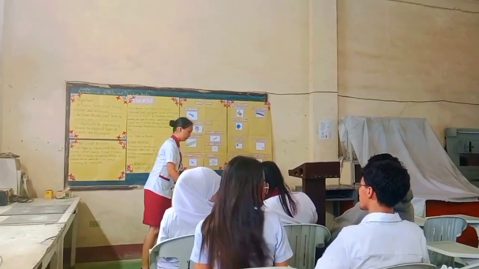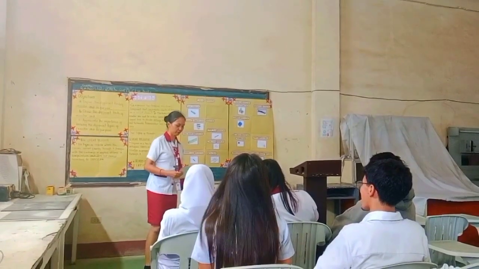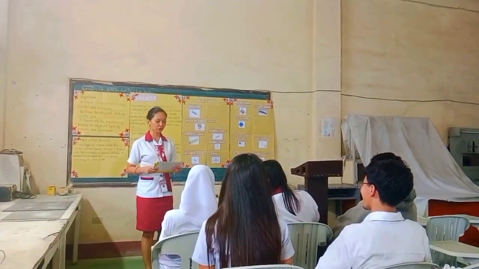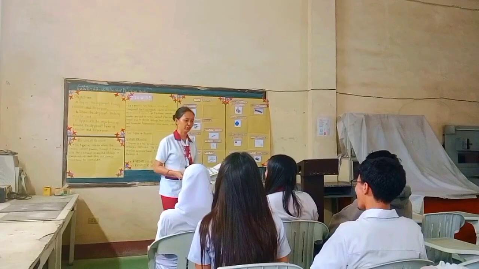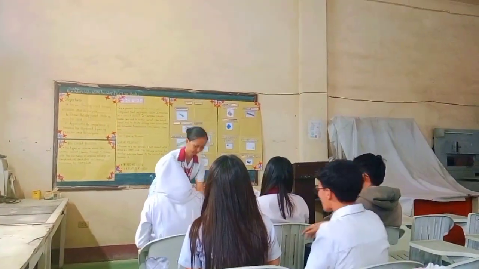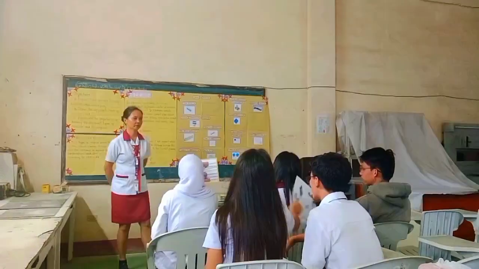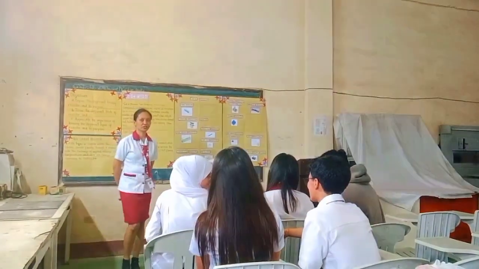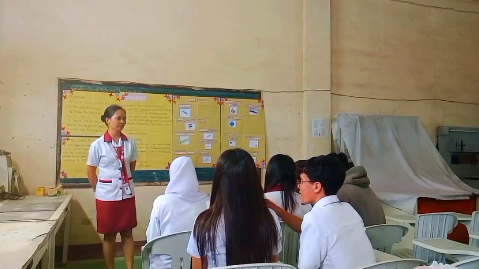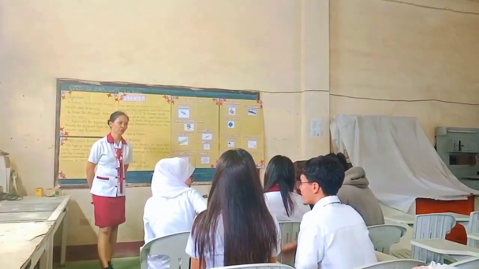I will show you some pictures for the topic for today, and then I will give you questions. What is in the picture? What can you see in the said picture?